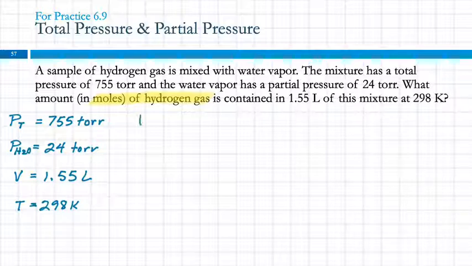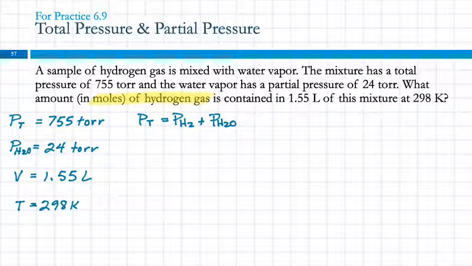The total pressure is equal to the sum of the pressures of the individual gases. So we've got hydrogen that we want to find out about, hydrogen plus water, and these have to equal the total pressure. Why is it hydrogen plus water?